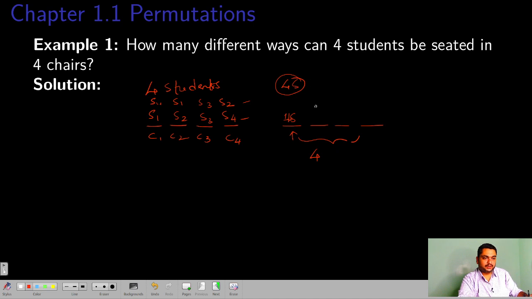Now 3 chairs and 3 students are left. Out of these 3 students, we pick one student and he can occupy this in 3 ways. Why is it the product rule? If you remember that line diagram, see, this is one. So the first student is here, the second may be here, the third may be here, or another may be here, right?